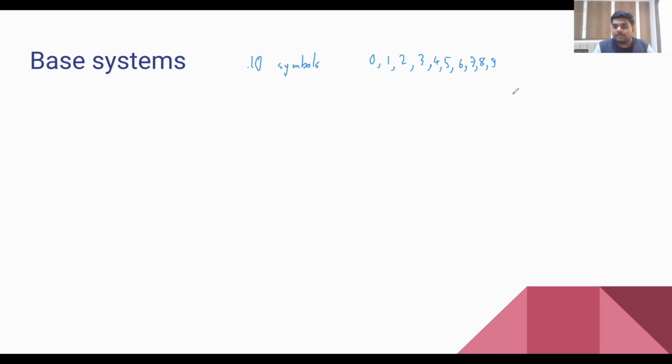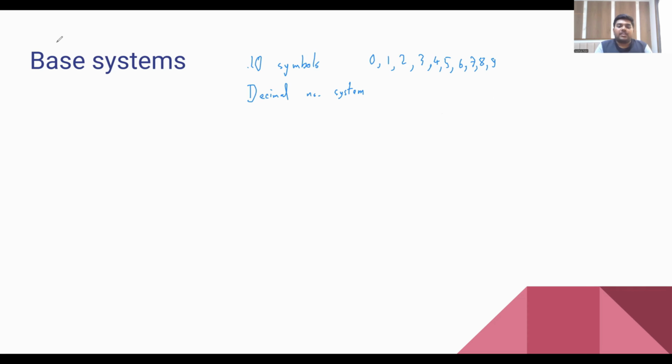So it is a representation method of the decimal number system. This is the most commonly used and it is understood by anyone and everyone. But there are different base systems as well, which are used at different places. They have a specific use case for them, right?